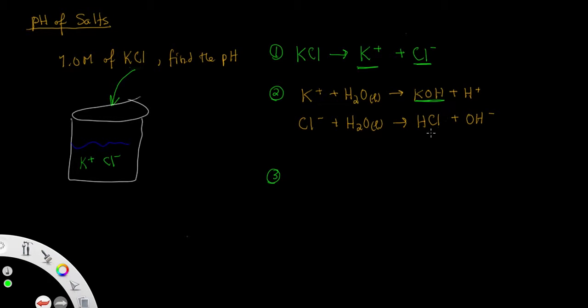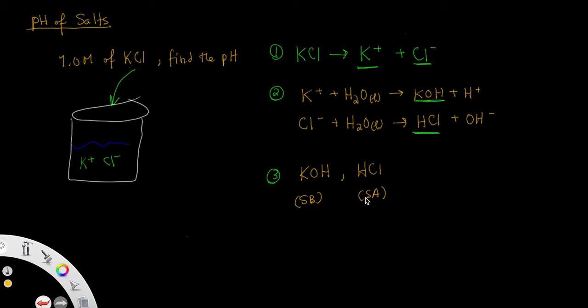The two main products that we'll have in focus here are the potassium hydroxide and the hydrochloric acid. We know that these two form a strong base and a strong acid, so they're going to be very, very strong.